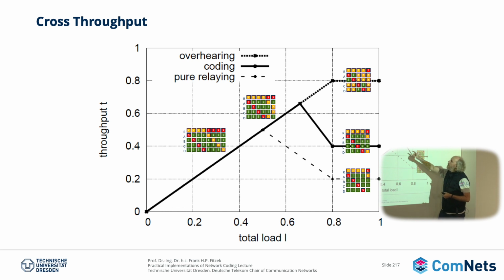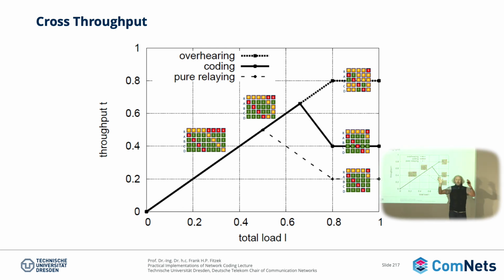So what if we would code with overhearing? We try to listen to everything in the broadcast scenario. What you see is then you can go up until 80%, and then you stabilize here. Why 80? You have 5 nodes. 20% is the relay. The relay traffic is, so to speak, the payoff that you increase the coverage. And then you have 80% load here.